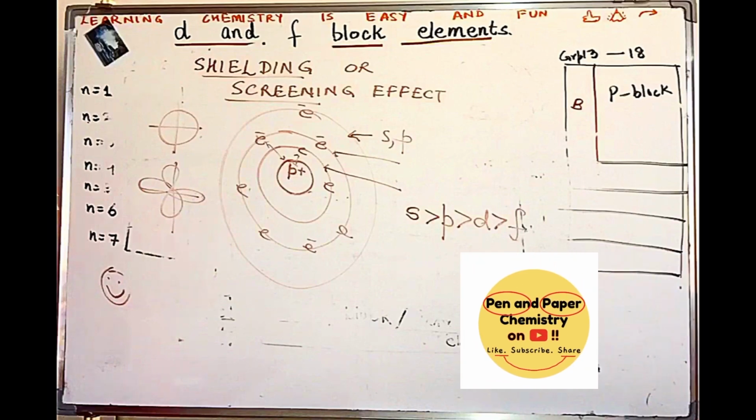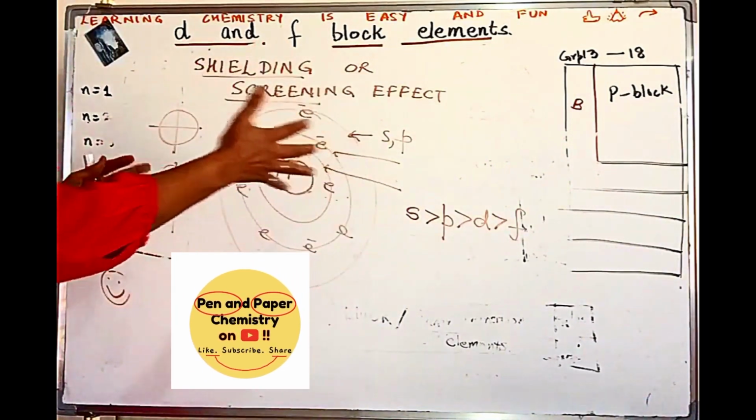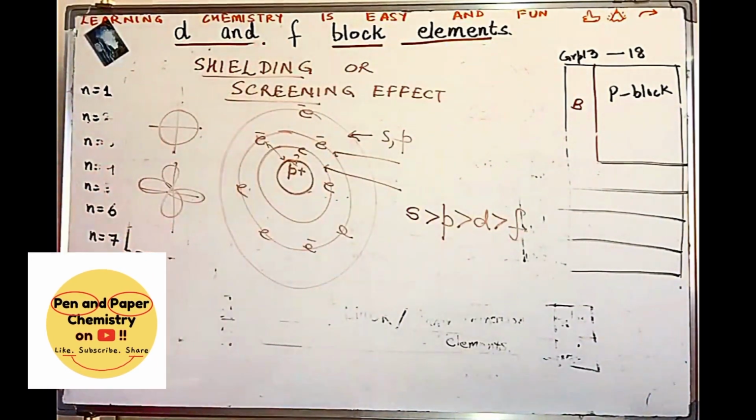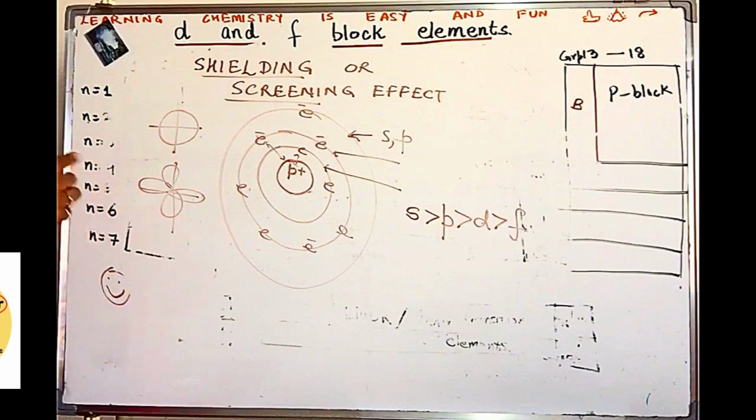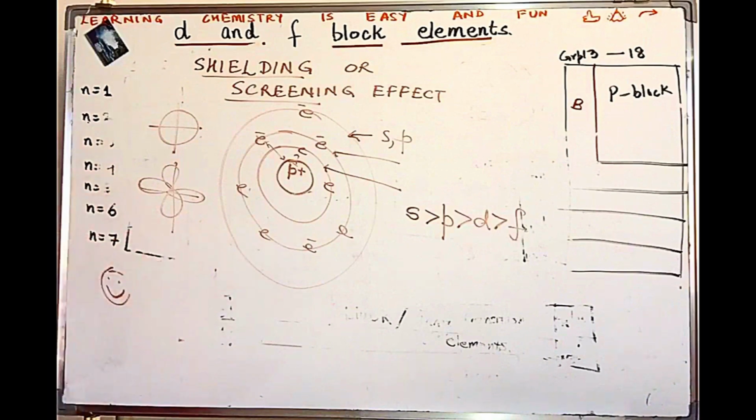What consequences does this have in our study of D and F block elements? Let's see that in video number 2. Stay tuned as I load the next video. But I feel that once these basics are in place, you should be able to connect to this particular topic.